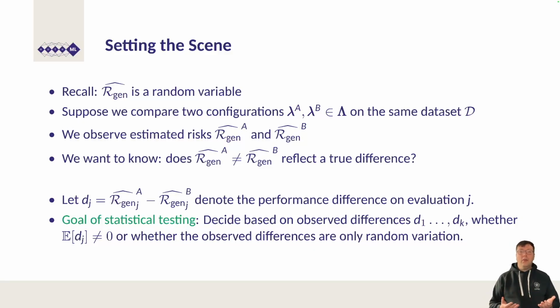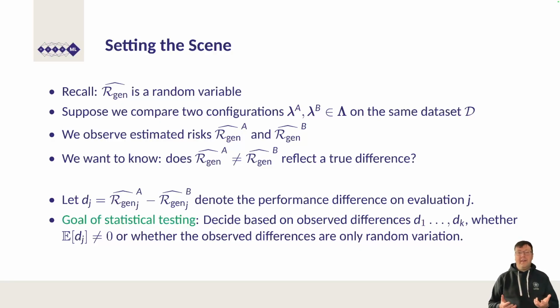When we compare two configurations A and B, we compute estimated risks for A and B, both based on IID draws from the same distribution P. What we observe is not the true generalization risk of either configuration, but a noisy estimate of it. The natural quantity to focus on is therefore the difference, d_j, between the two estimated risks on evaluation j, for instance, the difference in performance on fold j of a cross-validation.